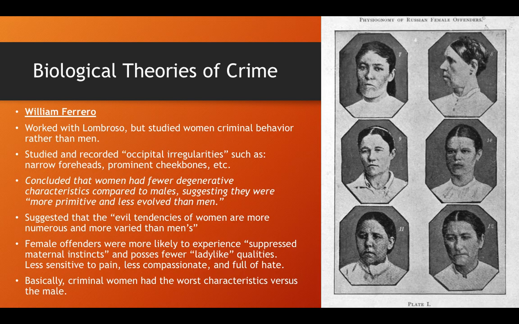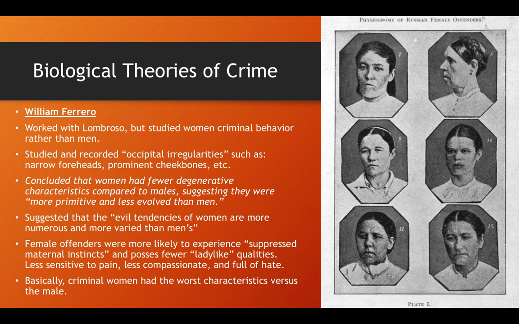And he recorded different irregularities, such as narrow foreheads and prominent cheekbones, similar to what Lombroso had done with the men, and concluded that women had fewer degenerative characteristics compared to males, suggesting they were more primitive and less evolved than men. So obviously today this would be a controversial finding, and he suggested that the evil tendencies of women are more numerous and more varied than men's.